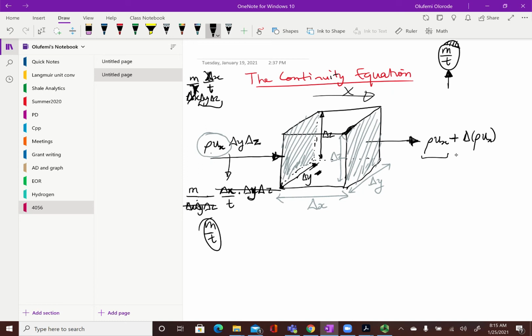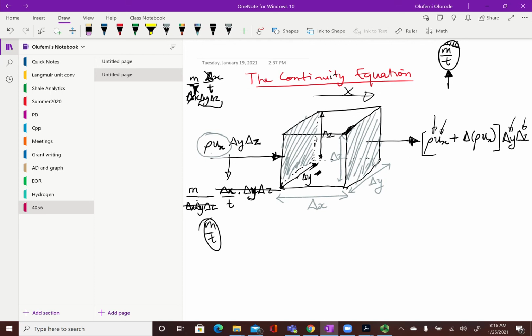It's what went in plus a change in that flux, right? And then all of this will be multiplied by the area which doesn't change. Good. So the rho, obviously, we already said is the density of the fluid. The u is the volumetric flow rate, right? And these are the thicknesses.